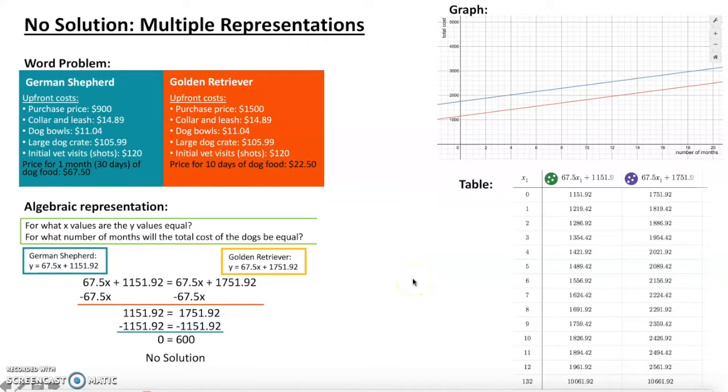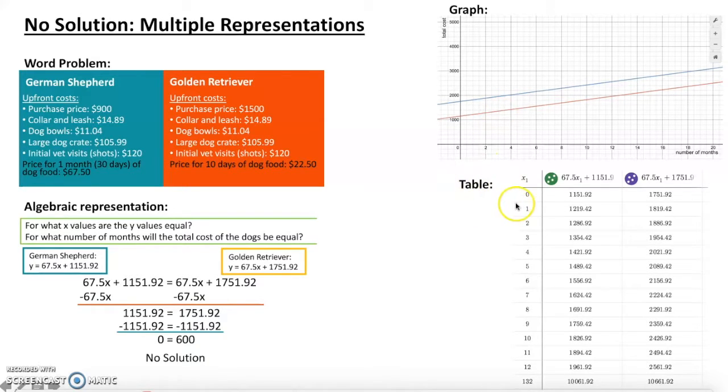At this point, we have looked at multiple representations for a system of equations that has no solution. We looked at a word problem. We looked at this algebraically, what it looks like when you solve it and you get two numbers that are not equivalent, that means no solution. We looked at it graphically. We're going to see parallel lines, two lines that do not intersect because they have the same slope and just different y-intercepts.